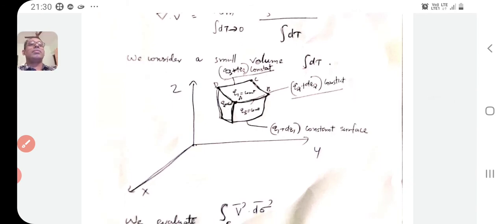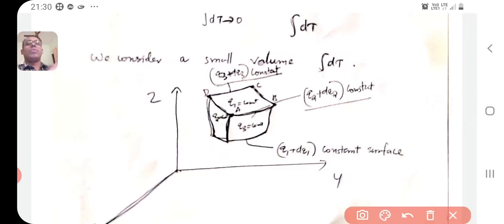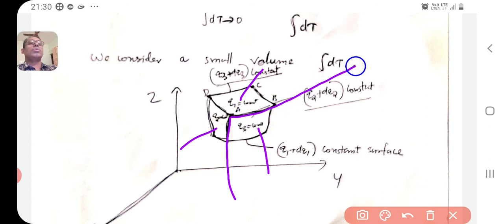Here you can see the volume considered, the three coordinates q1 constant, q2 constant, q3 constant, and we know this is the q1 coordinate curve, and this is the q2 coordinate curve, and this is the q3 coordinate curve, along which q1, q2 and q3 are changing.